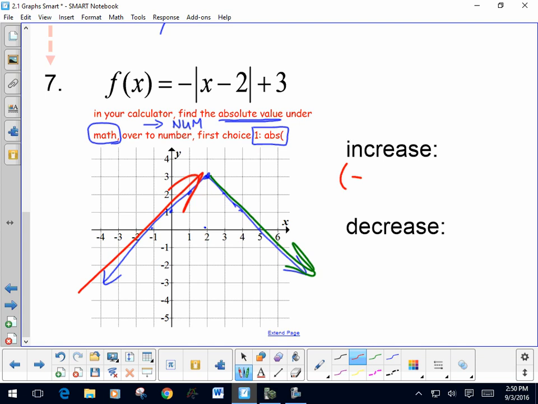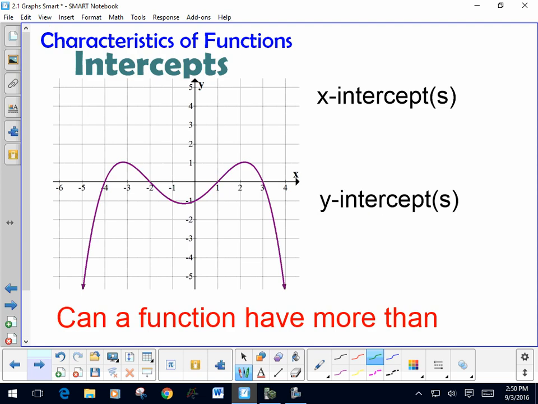So it increases from negative infinity all the way to the x value of 2. So from negative infinity to 2, this is an increasing function. And then it turns around, and from 2 to infinity, it will decrease. So it has just one interval of increase and one interval of decrease. It goes up, and then it goes down.